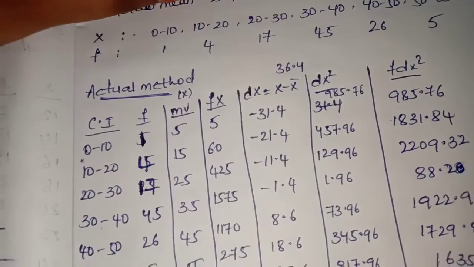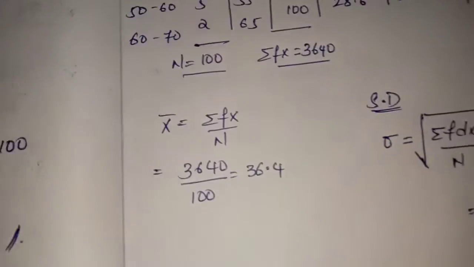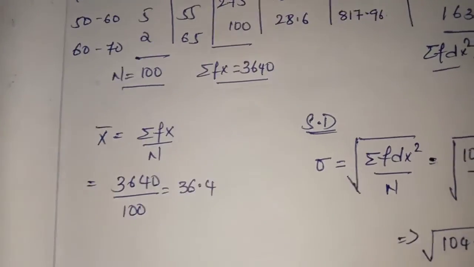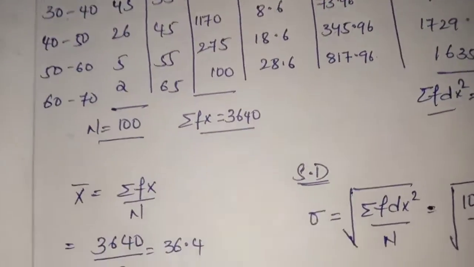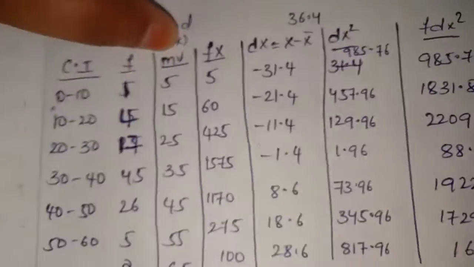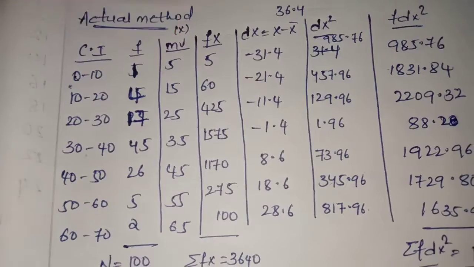So now we have to find out the arithmetic mean. The formula for arithmetic mean is x bar equals summation fx by n. Mid values will be assumed as x values in continuous series.